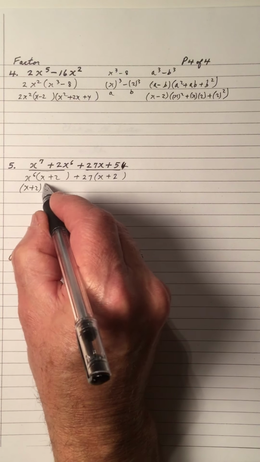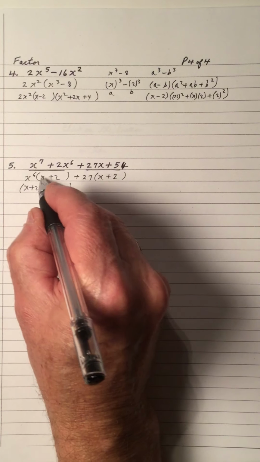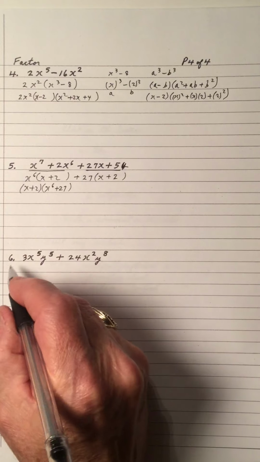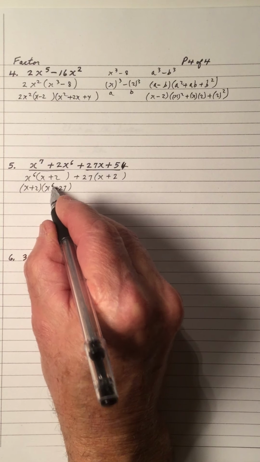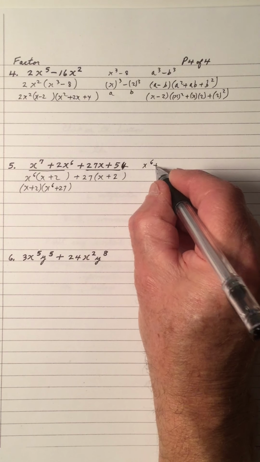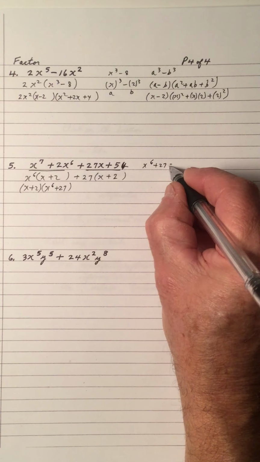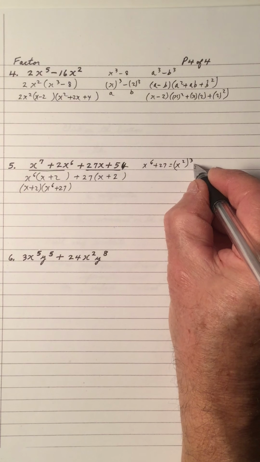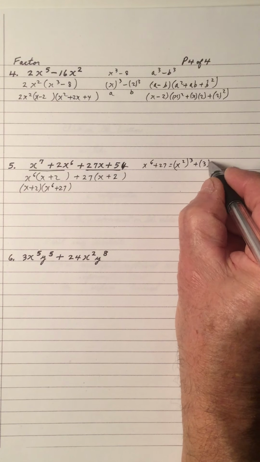plus 2 binomial GCF, and what I have is x to the 6 plus 27. Notice this is the sum of two cubes. So this is x to the 6 plus 27, so that's x squared cubed plus 3 cubed.